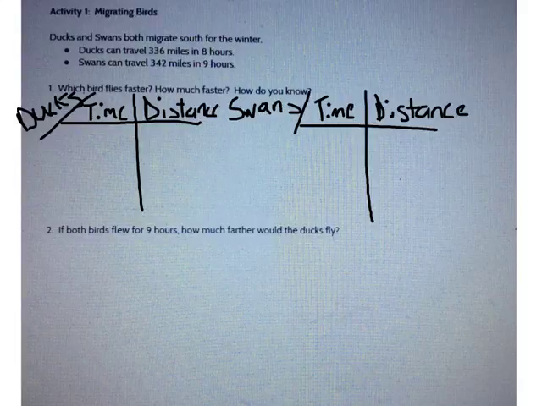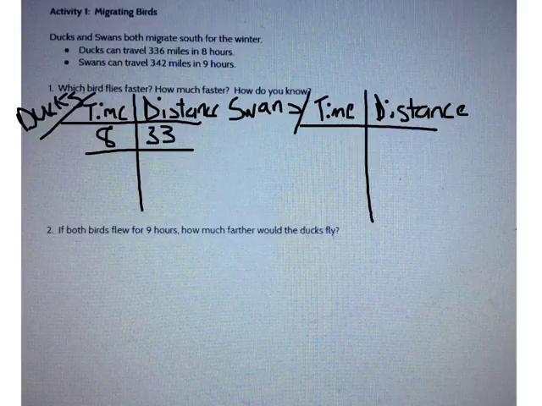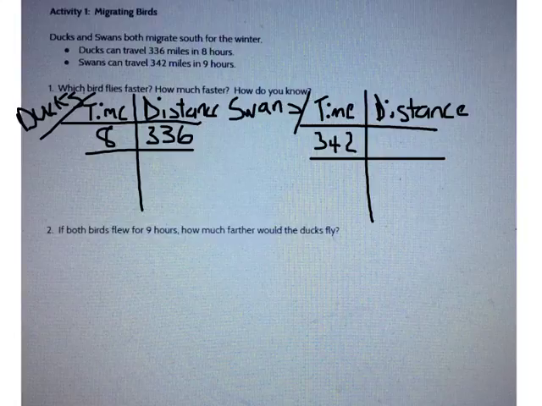Now let's fill in our tables. I know that ducks can travel 336 miles in 8 hours. I know that swans can travel 342 miles in 9 hours.